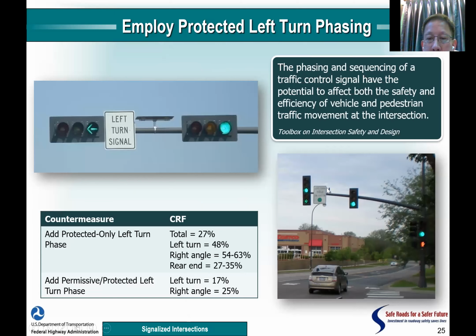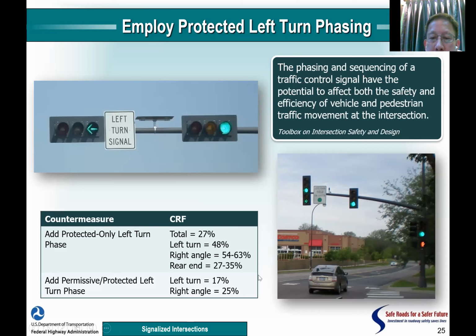You may see something over here on the arrow. If you follow me, this arrow. Okay, this is the sensor. This is a sensor for detecting left turn vehicles. If there is no vehicle, this arrow will not show.